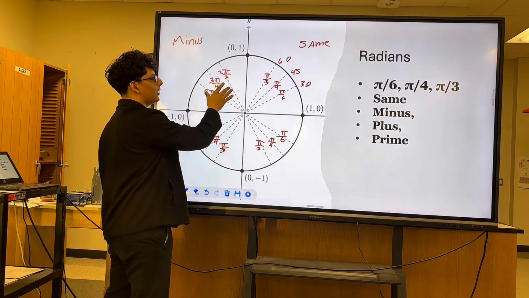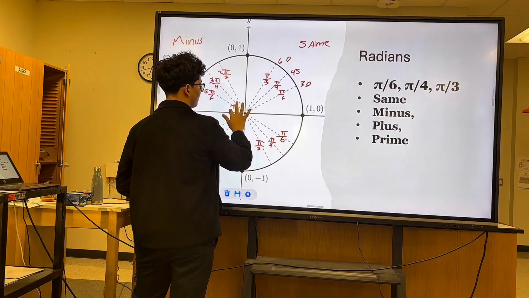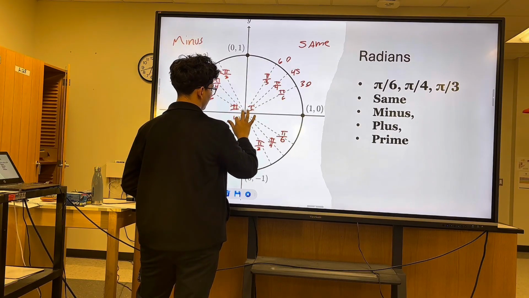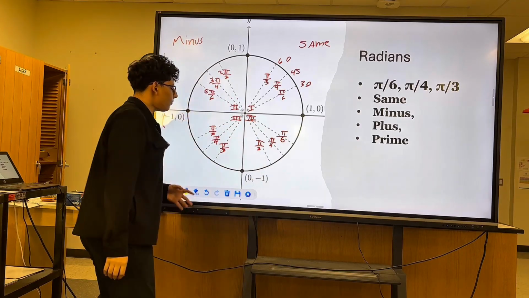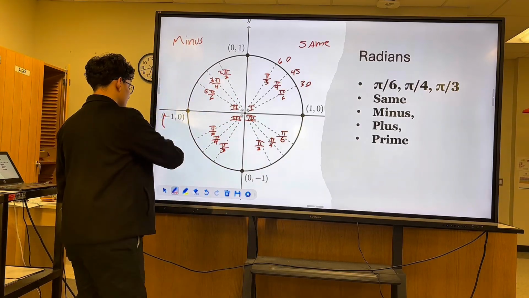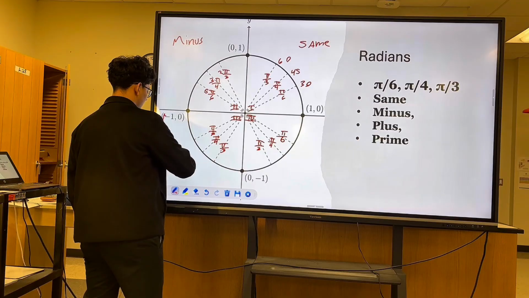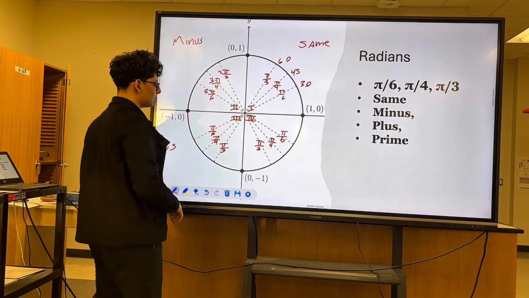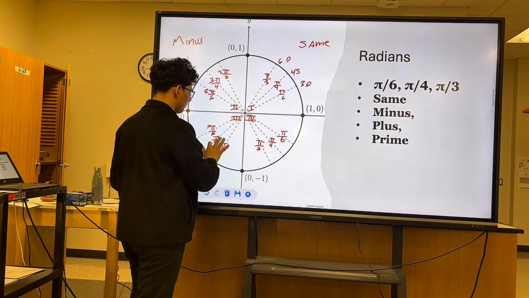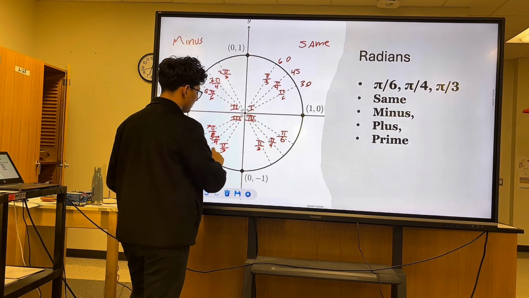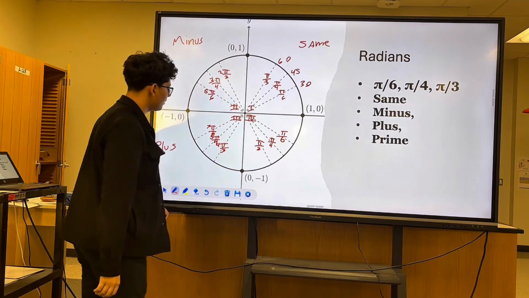This is the radians for the second quadrant. For the third quadrant, I said plus. So again, plus 1. 6 plus 1, 7. 4 plus 1, 5. 3 plus 1, 4.